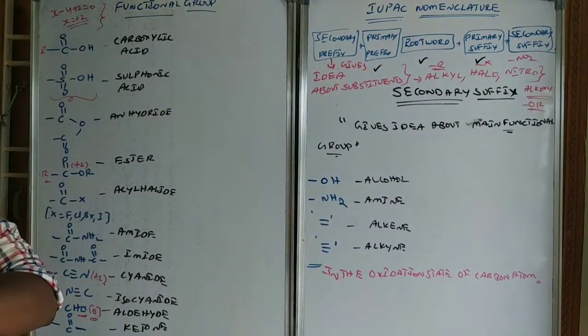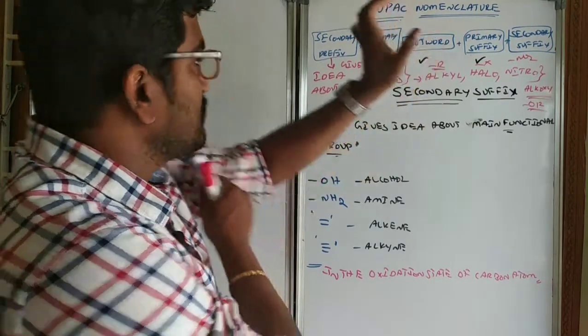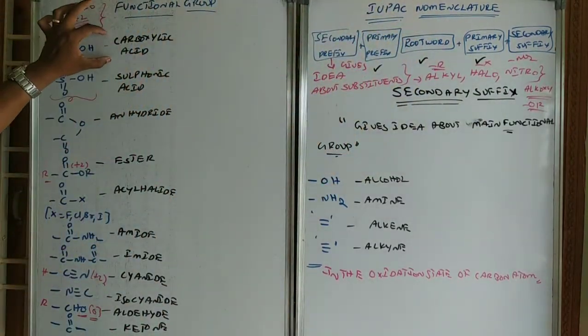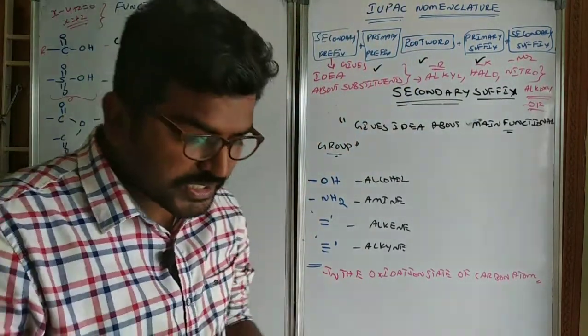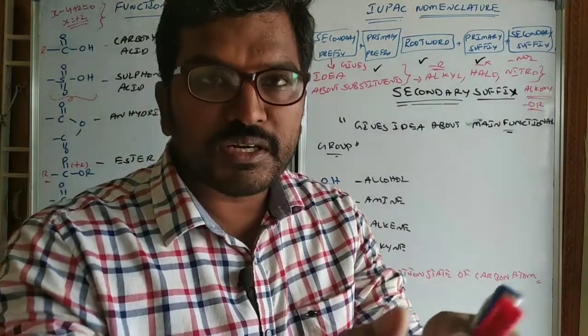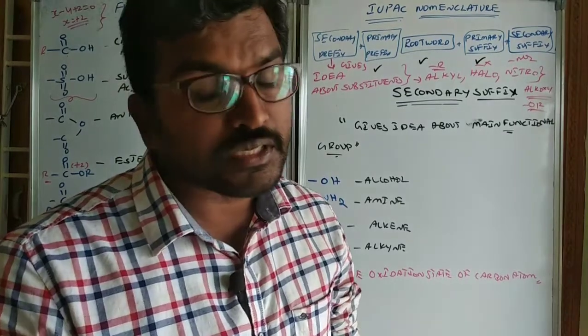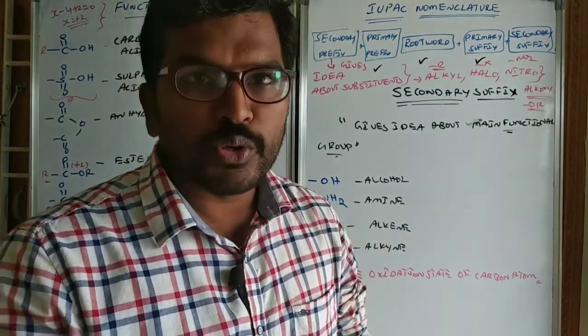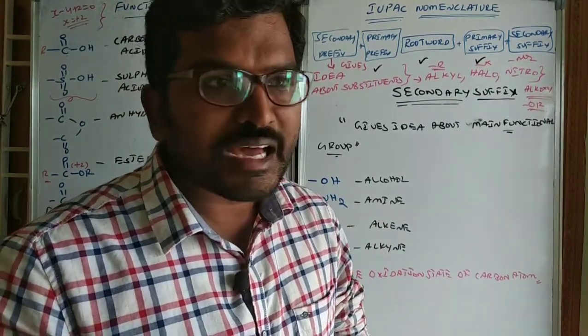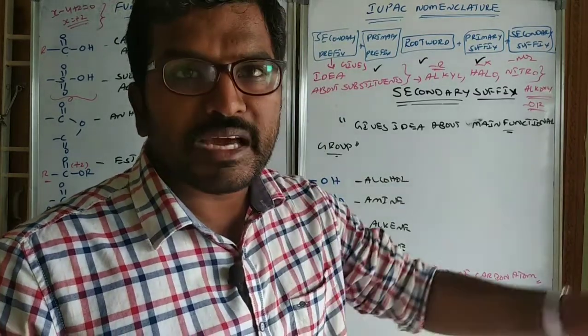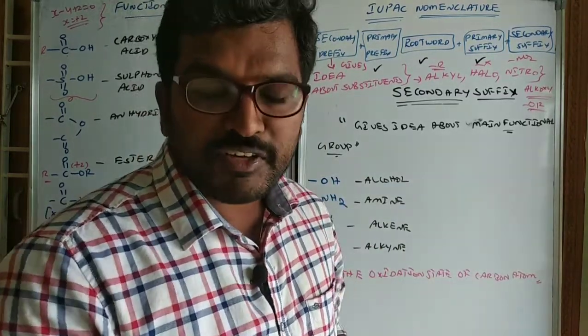So now let us see secondary suffix. When this functional group is present in any compound, it is like you have called some of your relatives to your home for a festival. In a series you are going to feed them, you will be arranging rows and serving food for them.